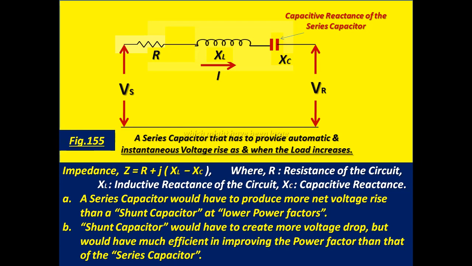These 2 points are very important because it creates something different. For the series capacitor, it would have to produce more net voltage rise than shunt capacitor at lower power factors. And shunt capacitor would have to create more voltage drop, but would have much efficient in improving the power factor than that of the series capacitor.